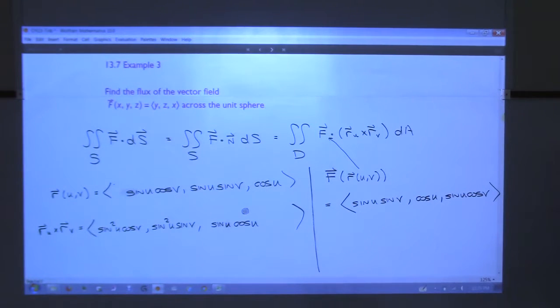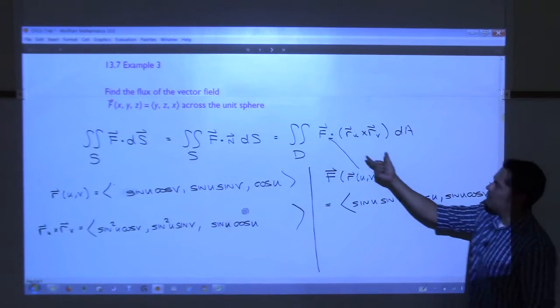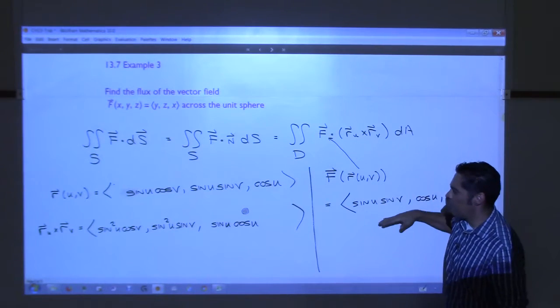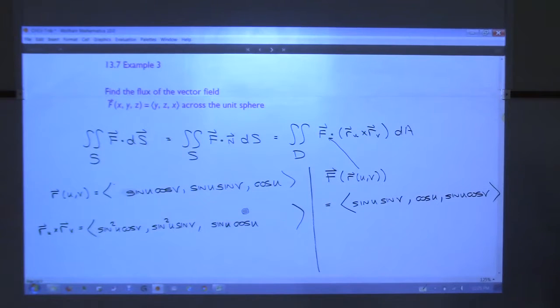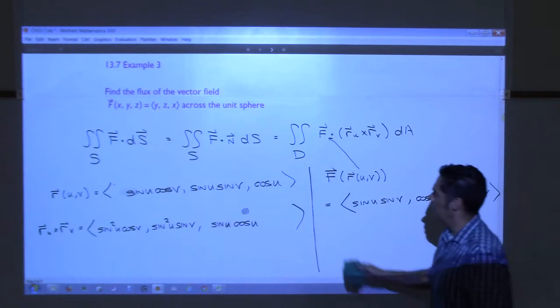All right, so I'm supposed to now dot these two vectors together. Any questions? Because I'm going to erase some stuff here. Didn't show a lot of work, but okay, let's do this.